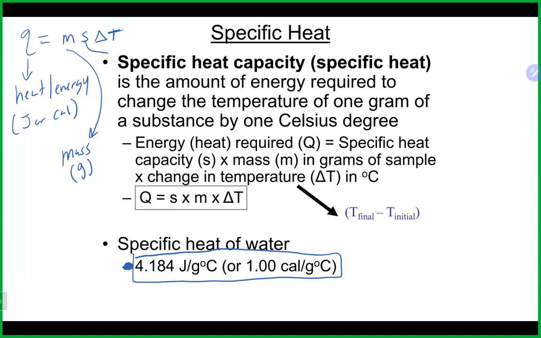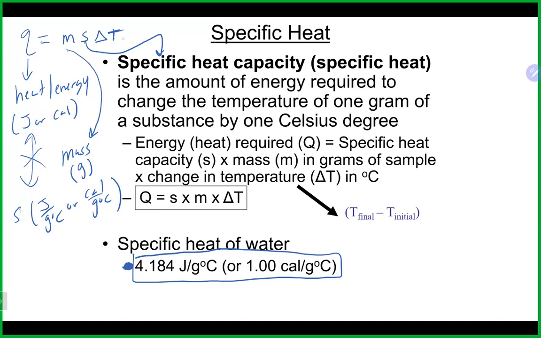S is the specific heat capacity, and S has units of either joules per gram per degree Celsius or calories per gram per degree Celsius. So the S here has 3 units associated with it. Q has 1. And I can't tell you how many people mix these up with each other. So make sure you do not mix them up. Q is just 1 unit, and specific heat capacity has all 3 of the units together.